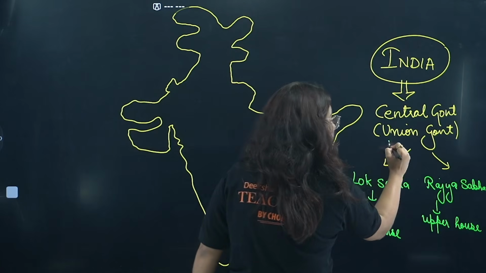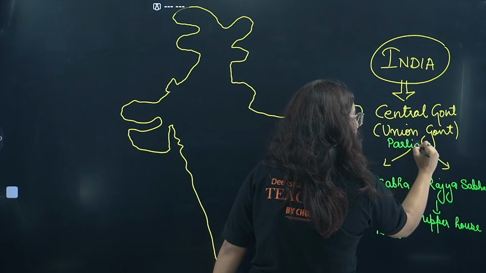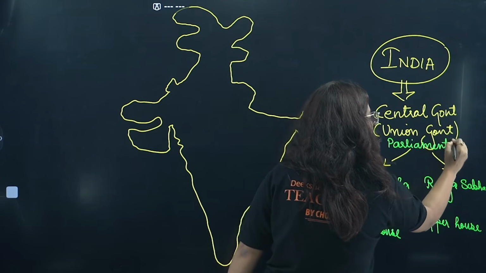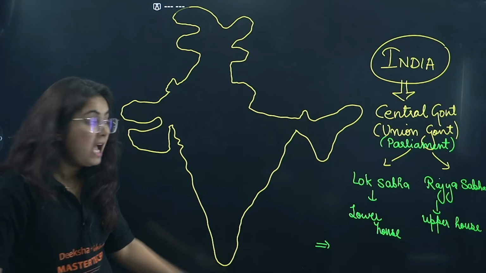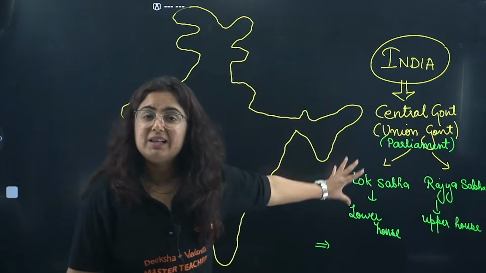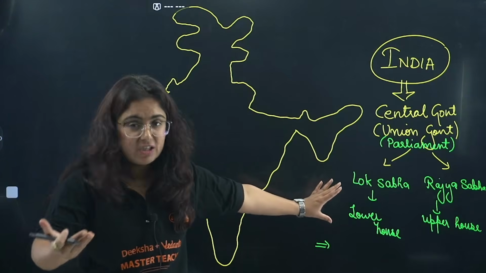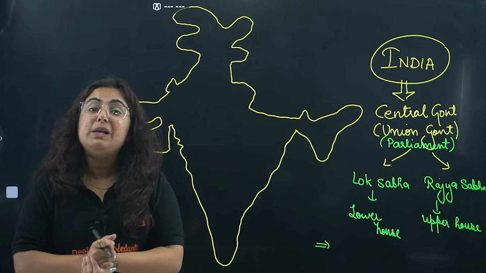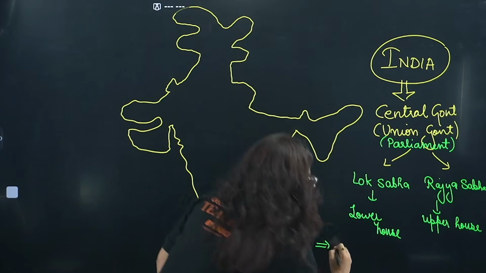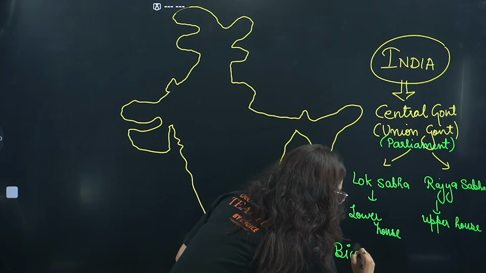Because this is India's parliament, and what is the work of the parliament? To make the law. Among this parliament, whoever gets the majority after elections becomes the government, and they will be the executive, implementing the law.